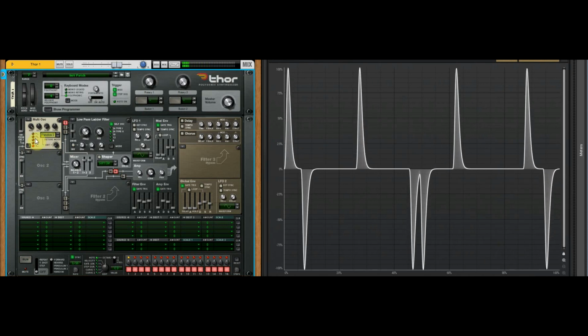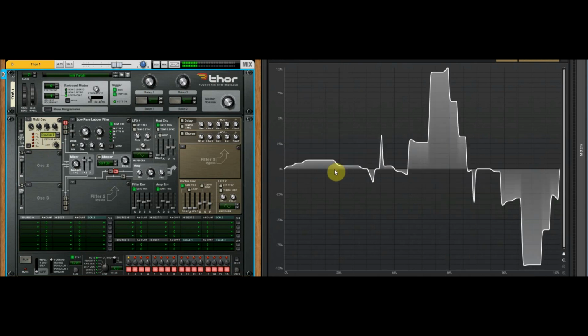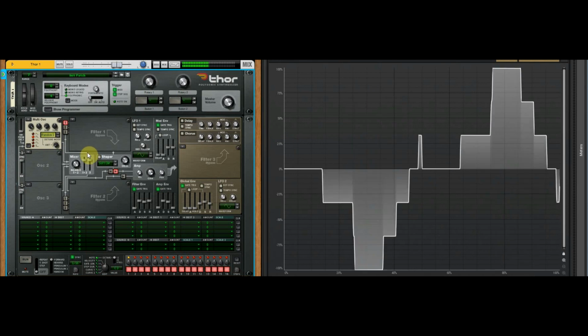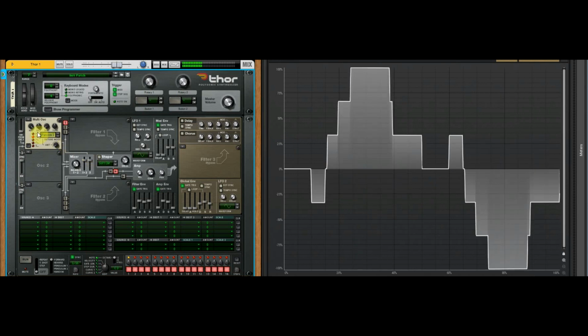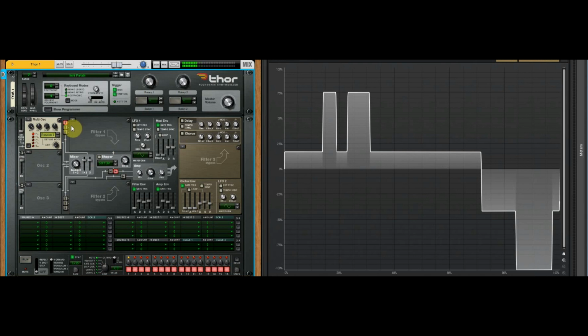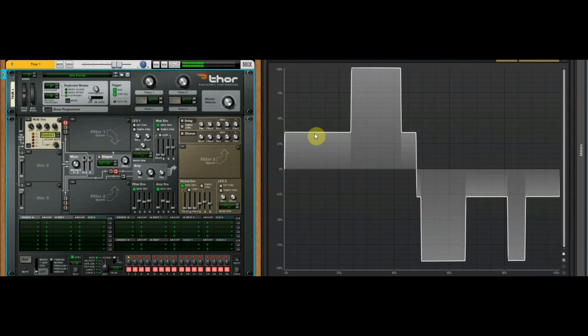This one sort of looks like a square, but when you look at the actual wave and hear the sound, it's not that squarish, a little different. The harmonics are different. And this one looks sort of like a sawtooth, but obviously not a sawtooth when you look at the wave.